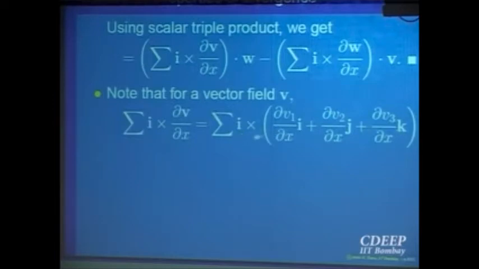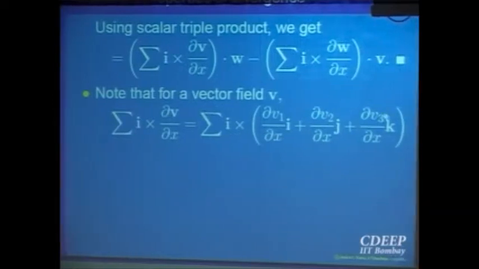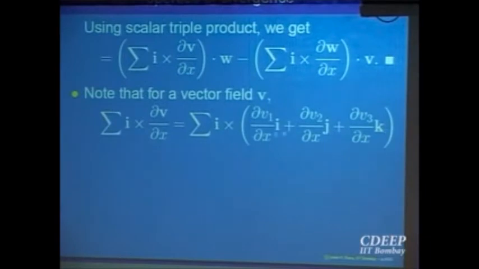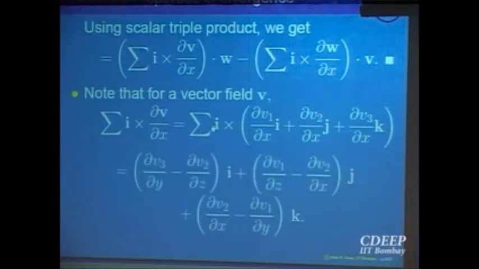Now this is a cross (b plus c plus d), so we can use the distribution of the cross product over addition. i cross i will give you 0, i cross j is equal to k, and i cross k is equal to minus j.